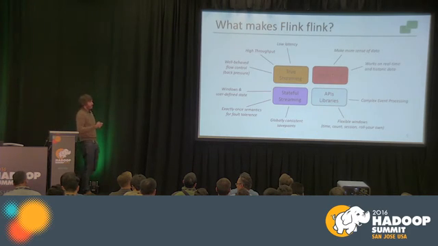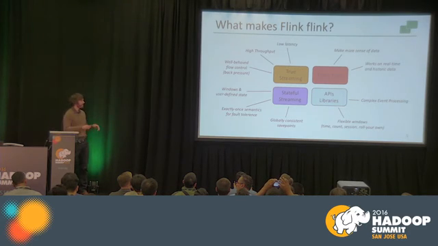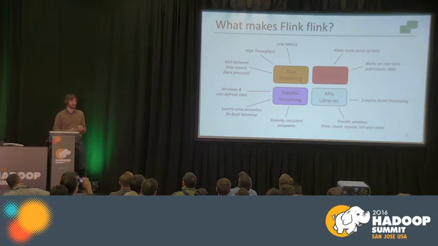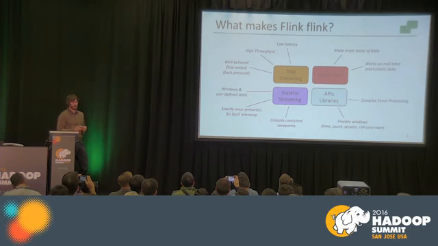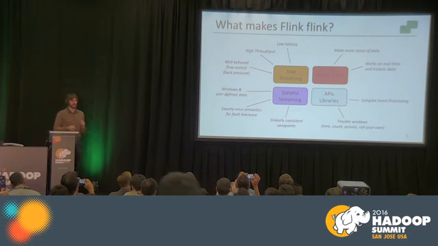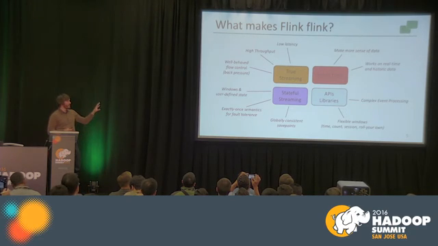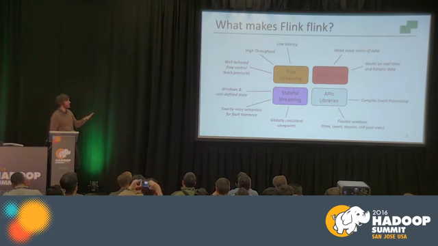So I'm talking about a very specific part of Flink today, but in general, Flink is a fairly broad system by now. And if I had to sum up what makes Flink a very good stream processor, I would say it's around these 4 corner points. It's a true streaming engine at the bottom that keeps data moving with low latency, so it achieves low latency, high throughput, very well-behaved flow control.